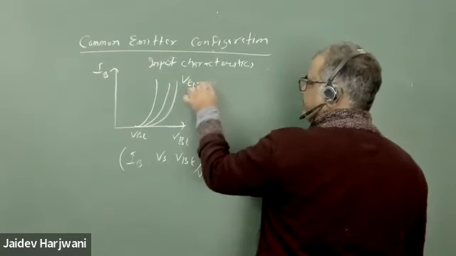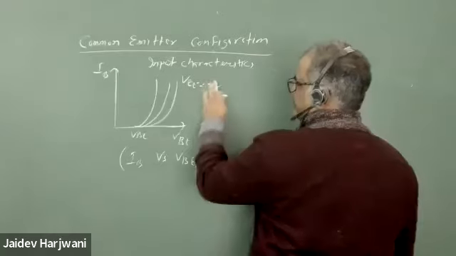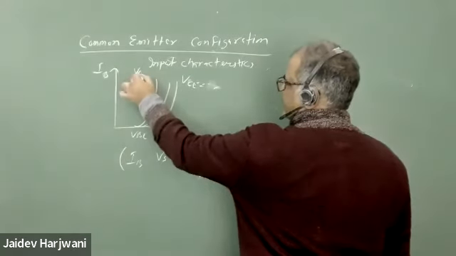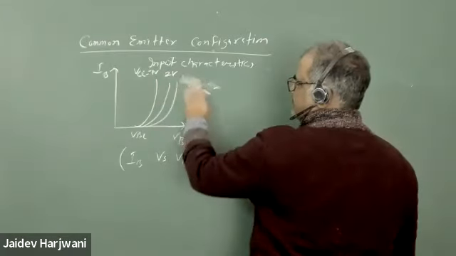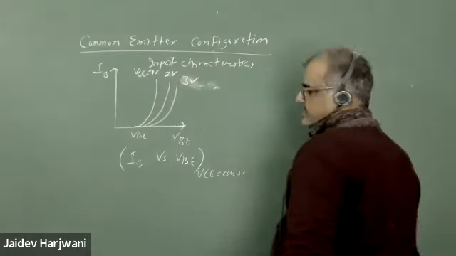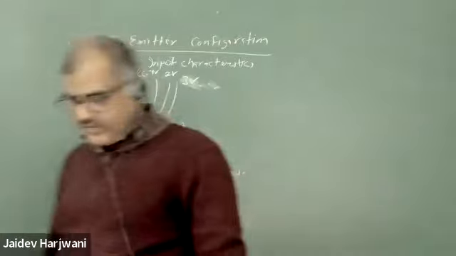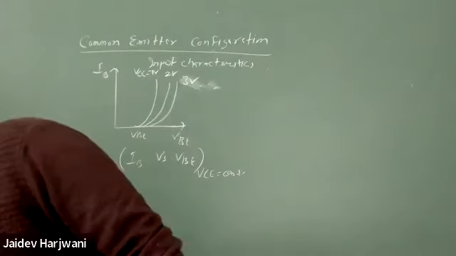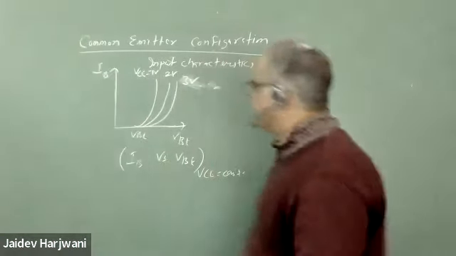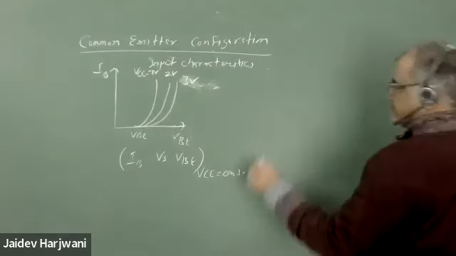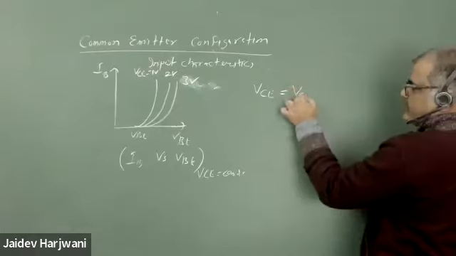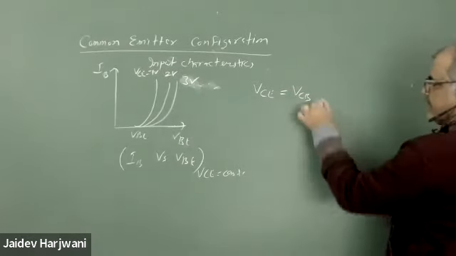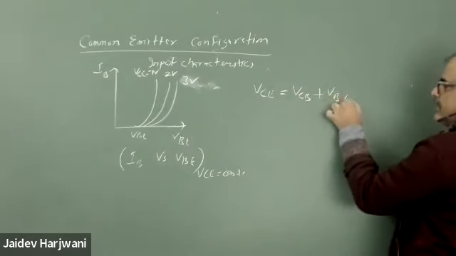And this time, if you increase the VCE, say this is for VCE equals 1 volt, this is for 2 volts and this is for 3 volts. When you increase the VCE, your IB also increases, because VCE is equal to VCB plus VBE.